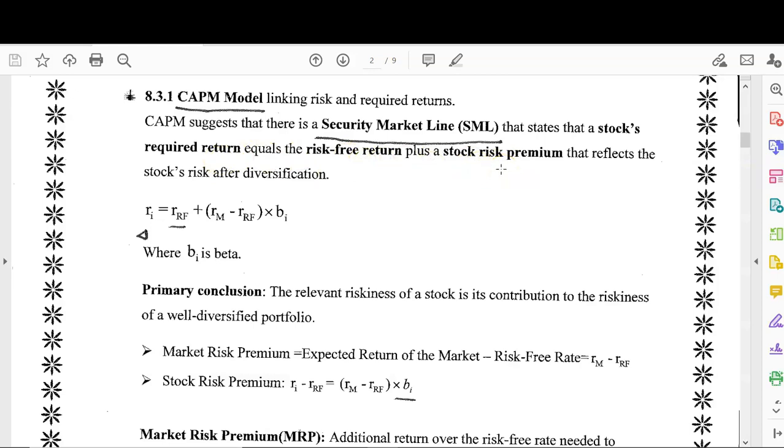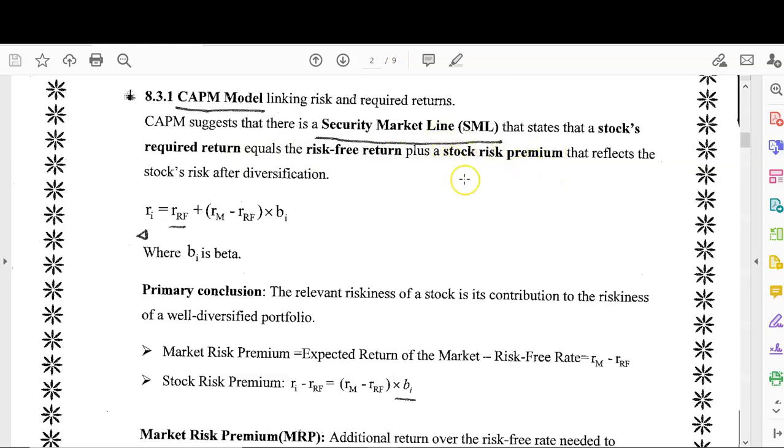Here, if we want to evaluate stock return, we're using the same methodology, same principle here, that stock return equals risk-free return plus stock risk premiums.